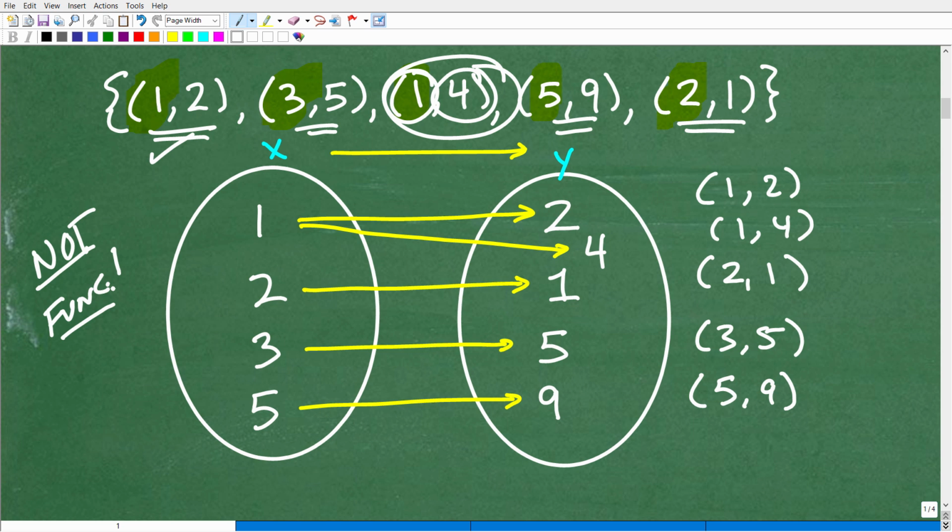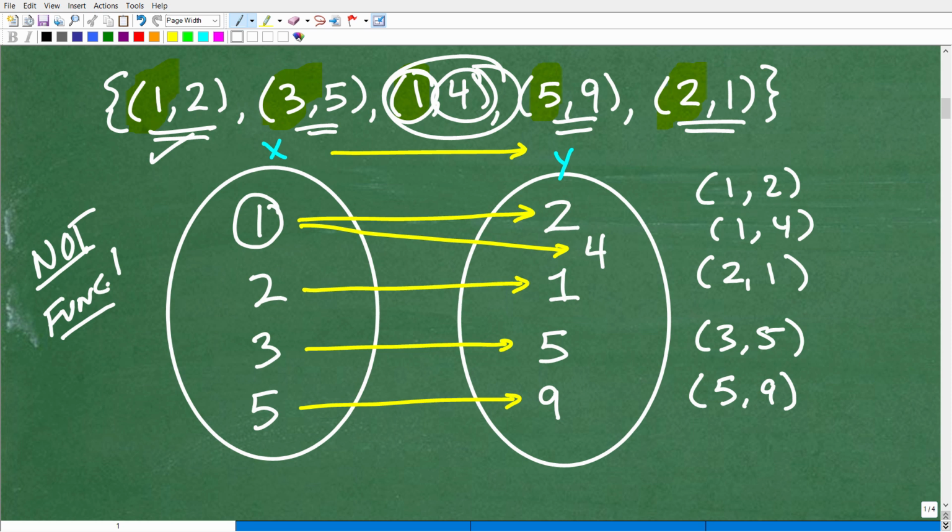Well, the definition of a function, and there are a lot of different ways we think about the definition, but effectively it's this: for every x value, there's one and only one y value. So each x value here can only point to one y value. You can see 1 is trying to point to 2 and 4. This fails the definition of a function.